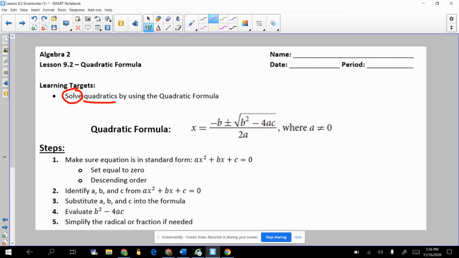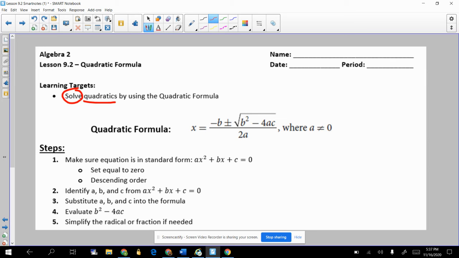Okay. So here are your steps. The first thing we're going to do is make sure that our equations are in standard form, and we're going to make sure that they're set equal to 0 and in descending order, just like we have been through factoring and a lot of our different solving techniques. Then we'll identify what your A, B, and C values are once it's in standard form.